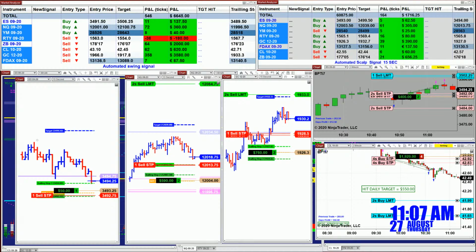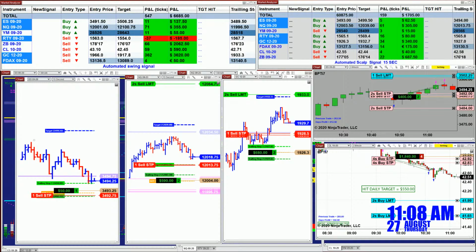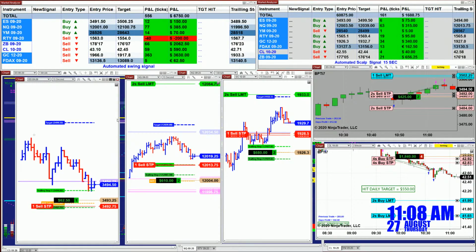And it seems like the ES is running out of steam. We are about to hit 2,000 on the CL trades with the TI7. And it seems like the ES is really sinking on us here.